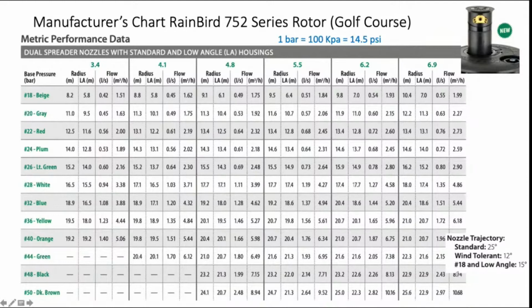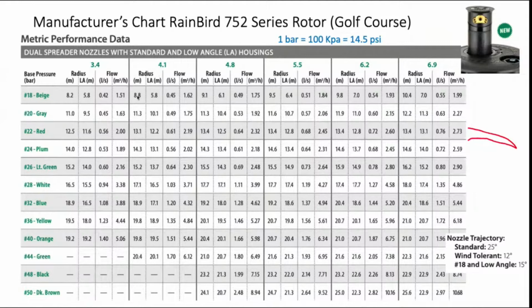So a lower angle would have maybe a stream like this, and a normal angle would be higher. And the reason you might want to choose a lower angle is to fight a windy condition. Of course, with a lower angle, as you'll see on here, you have less of a radius.